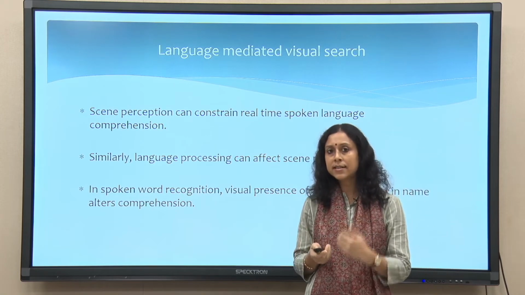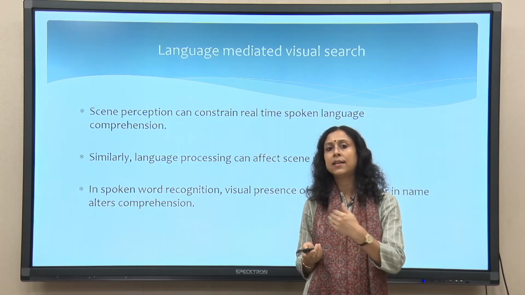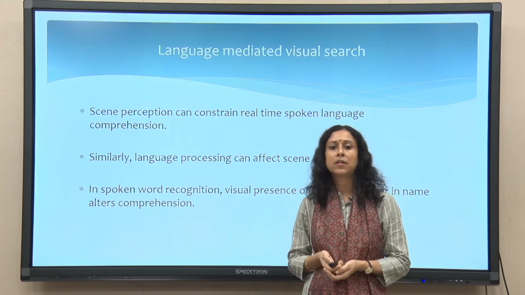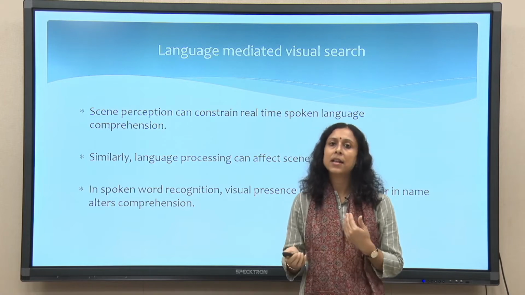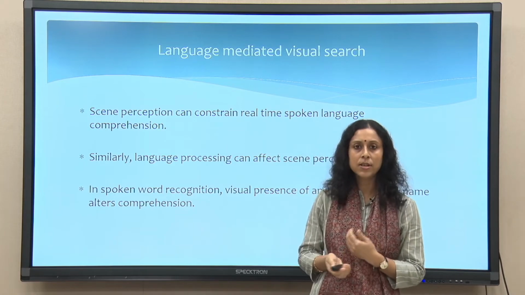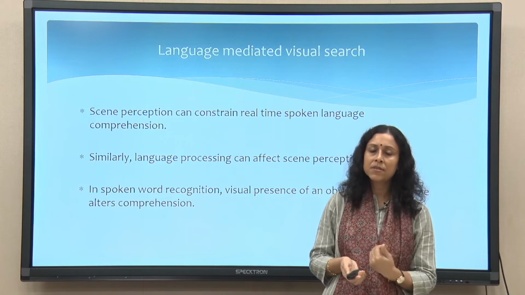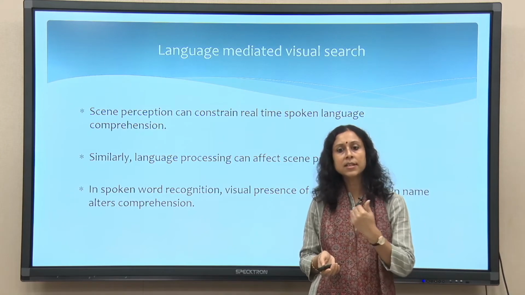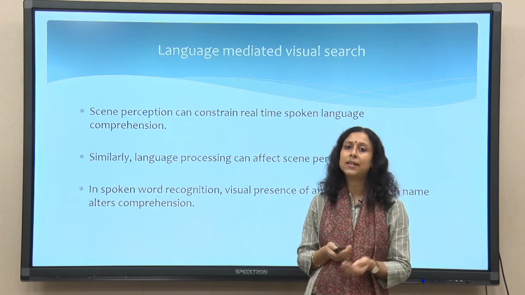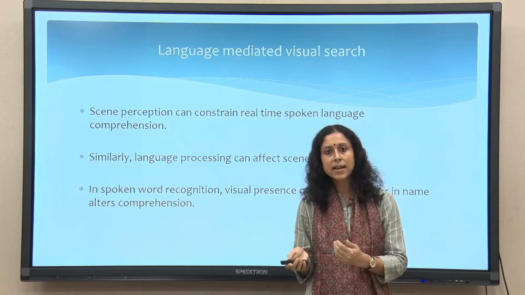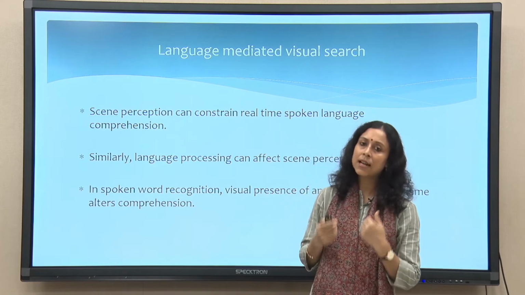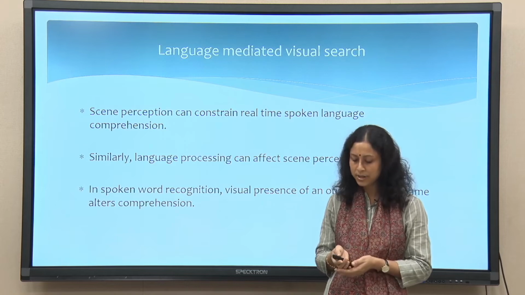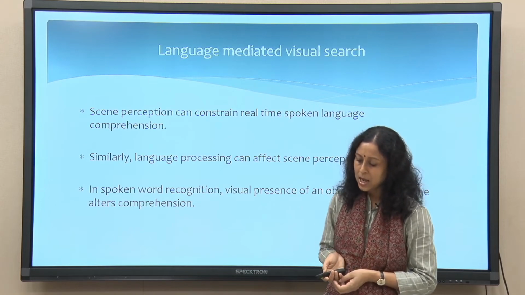If a sentence is given to the participant with an accompanying scene, a display in front of them, then there is a dynamic relationship between these two inputs. Scene perception can affect language comprehension, and similarly, language processing can affect scene perception as well. It works both ways, which is why we call it a dynamic relationship.